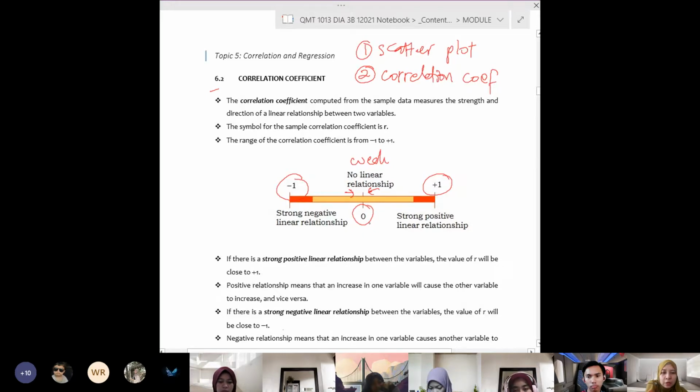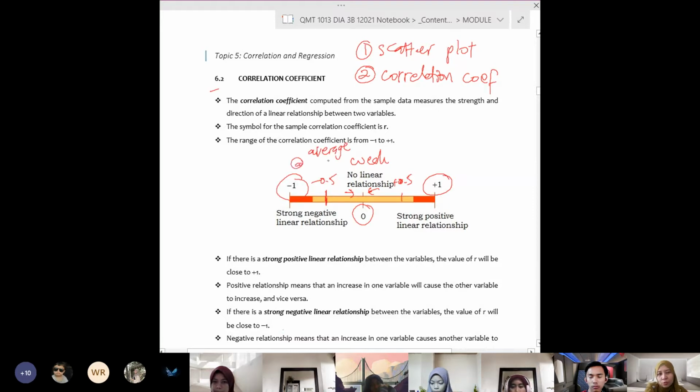If we look at the middle between these two values, it will be around 0.5, negative or positive. If you get something which is in or near -0.5 or +0.5, we can use the word average or normal. Not very strong, not very weak.